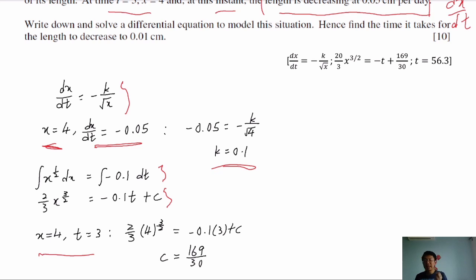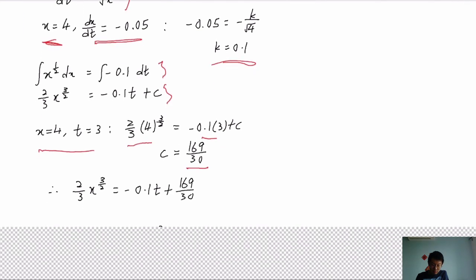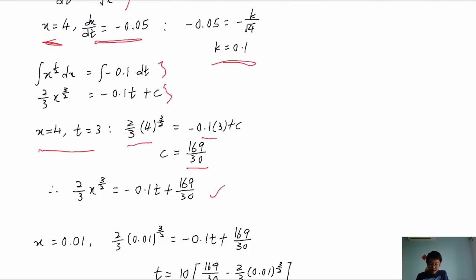We know that when x equals 4, t equals 3, as given in the question. So substitute the values for x and t inside, and it will give the value for the constant c in this case. This is the value that we get, and any other form of the answer will be accepted as well.